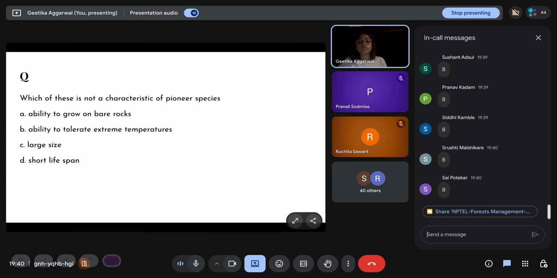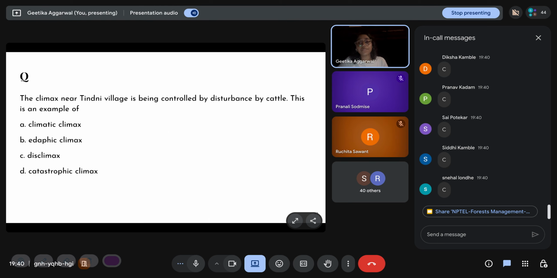Which of these is not a characteristic of pioneer species? Ability to grow on bare rocks, ability to tolerate extreme temperatures, a large size, or a short lifespan? Correct. So, the correct answer is a large size because they cannot establish themselves if they have a large size on bare rocks. They need to be smaller in size.